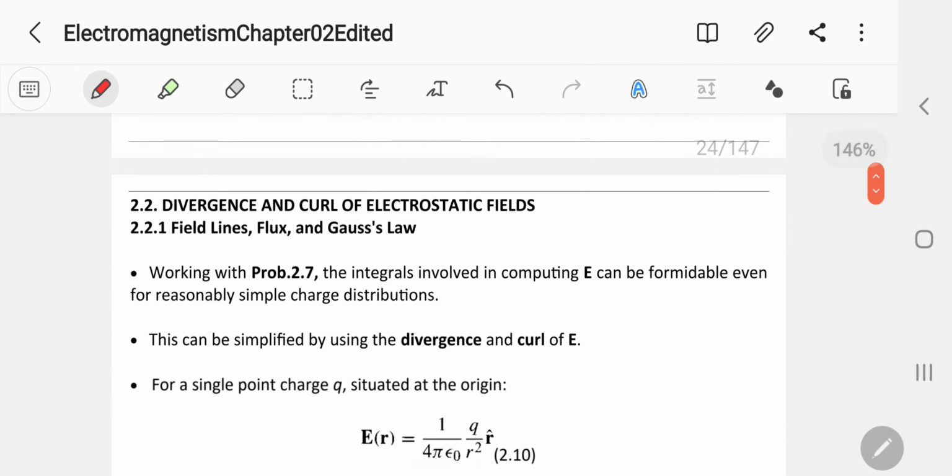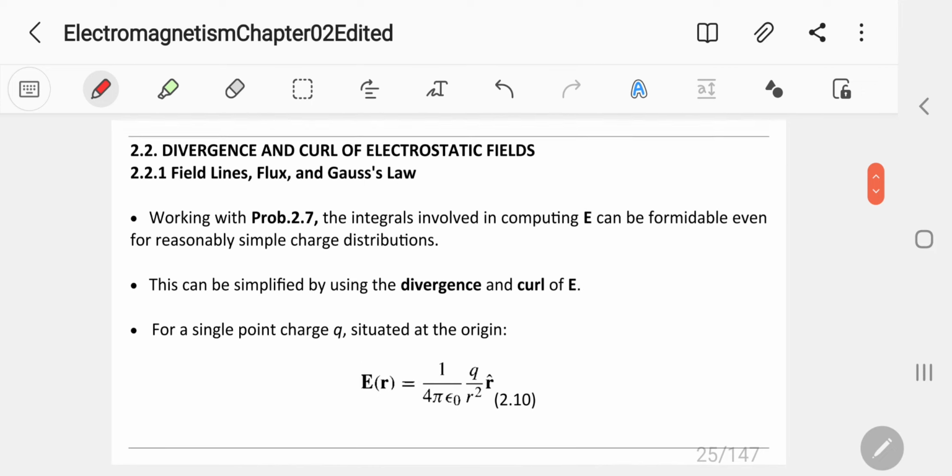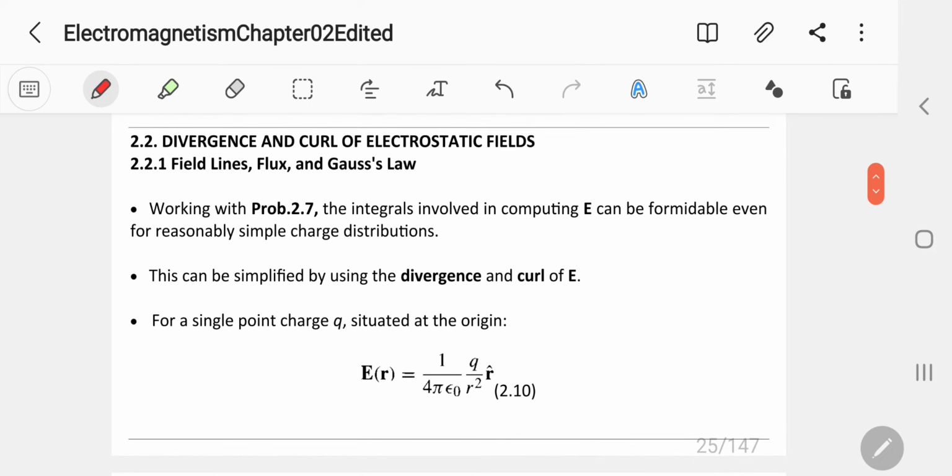So those are problems that you may or may not solve, but it would be very helpful if you solve them.